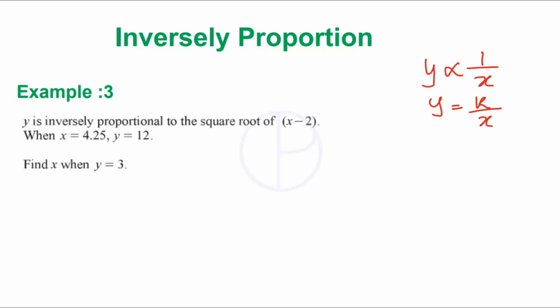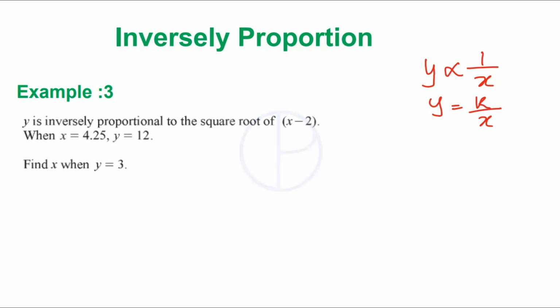Okay. So how to solve this inversely proportional type of questions? First set up the formula. Like y is equal to k divided by x, or y is equal to k divided by x square, or y is equal to k divided by square root of x, like that. Okay.